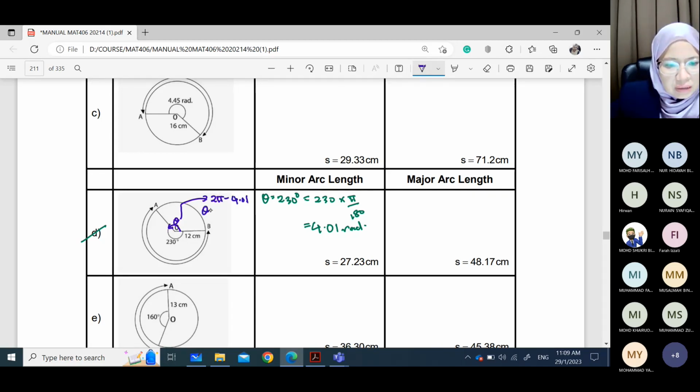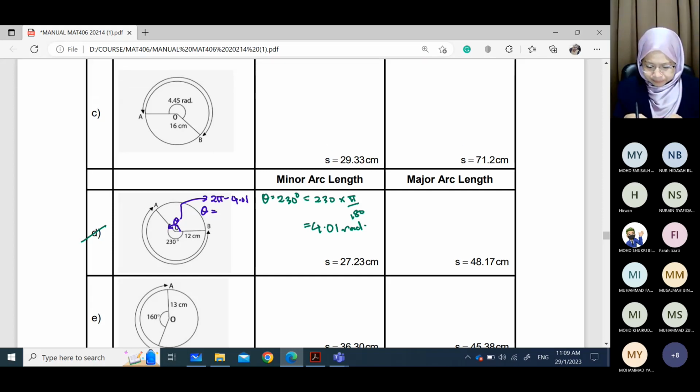Okay, so the angle here is 2 pi minus the answer, this one 2.27 radian. Okay. Bila nak cari minor arc length, so kita based on the minor angle lah. So kita punya arc length adalah S, it is equivalent with R theta.